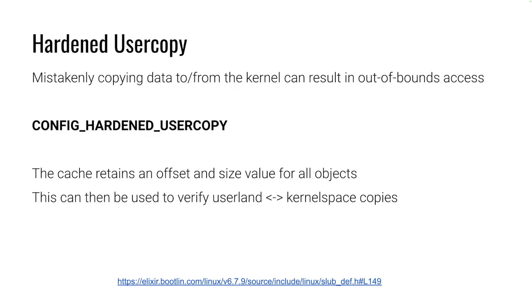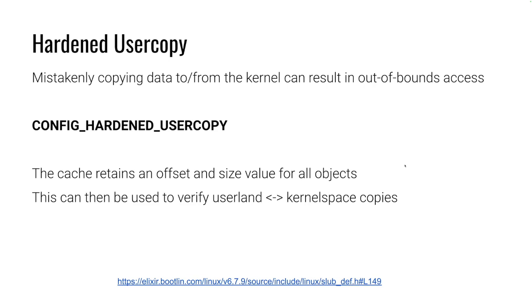Well, for those objects that are intended to be used for copying data between userland and the kernel, there's an additional mitigation that can be configured called hardened user copy. Right? So these mistaken copying back and forth from the kernel can result in these out-of-bound accesses or information being leaked that wasn't intended. What this mitigation enables is the cache now has an additional two members.